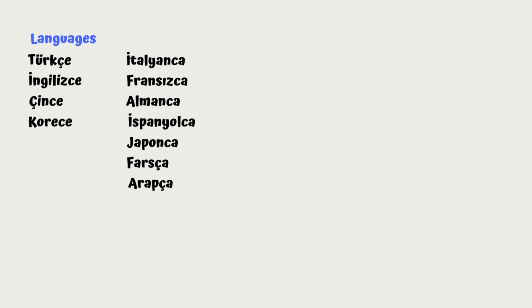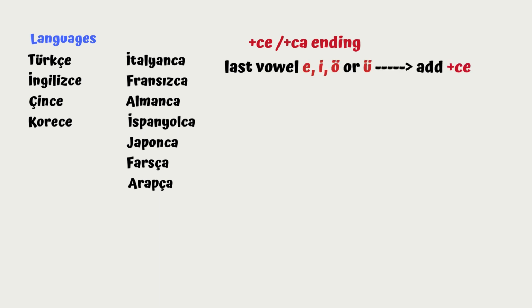So we have these two endings. One of them is ce, the other one is ca. And the rule is simple again. If the last vowel is e, i, ö or ü, we add ce. If the last vowel is a, ı, o or u, we add ca.